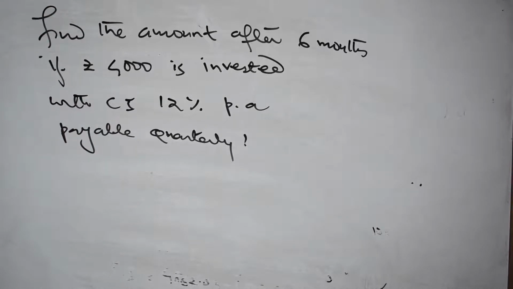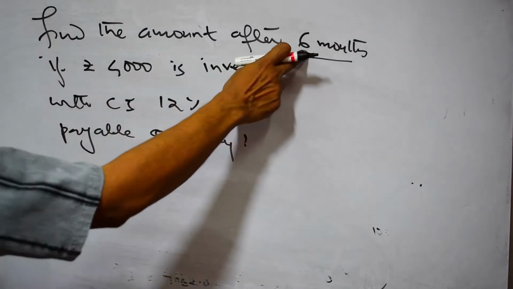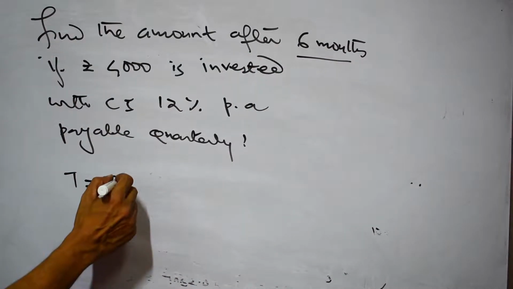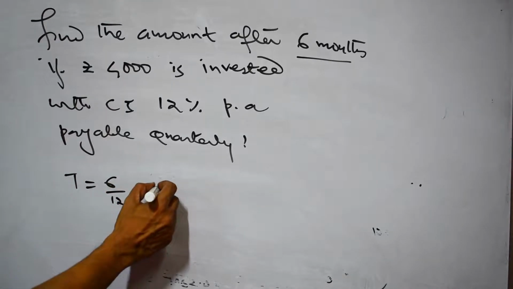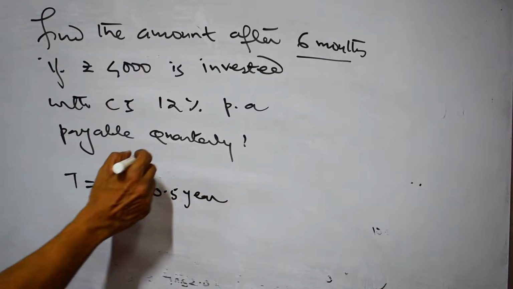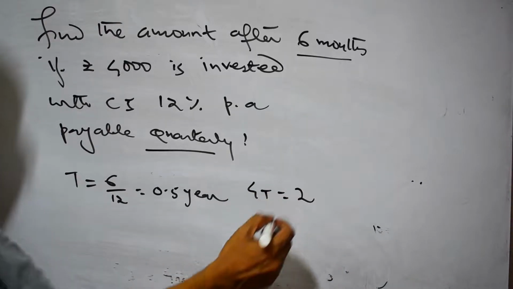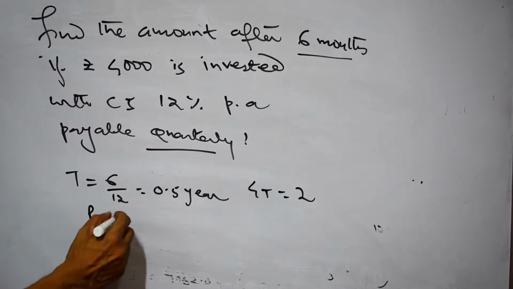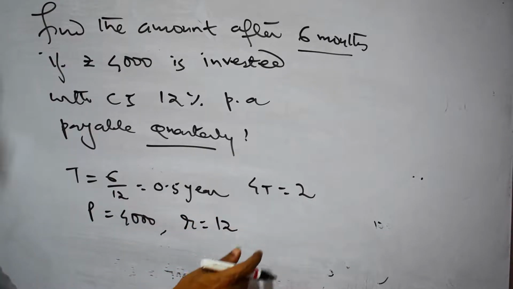This 6 months is very important, because this time period is 6 months. We say T is 6 by 12, that means 0.5 year. But the question is quarterly compounded, therefore we need 4T, that is 2 times, and principal is 4,000. Rate of interest is given as 12%.